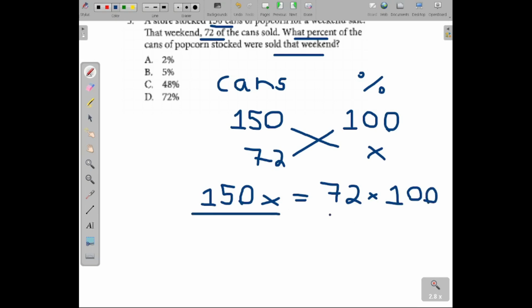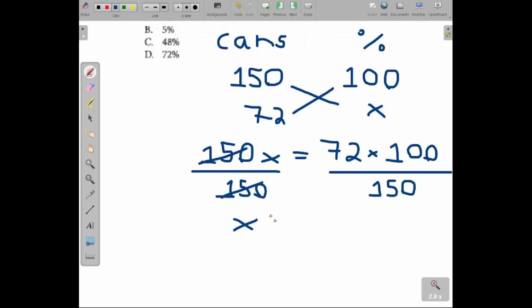We can divide both terms by 150. Here we'll get 1 times x, equal to, now here we simplify the zeros.